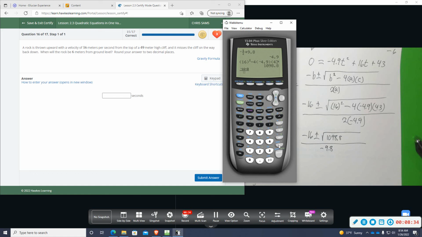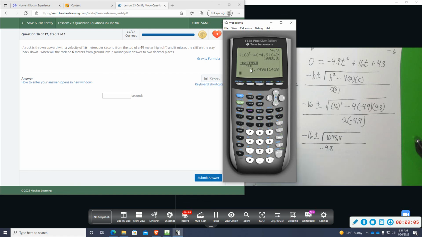I'm going to plus, and then second, the x squared button to get access to the square root. 1098.8, and then arrow over, get out of there, arrow down. We're going to divide by negative 9.8. Alright, to 2 decimal places, this is negative 1.75.